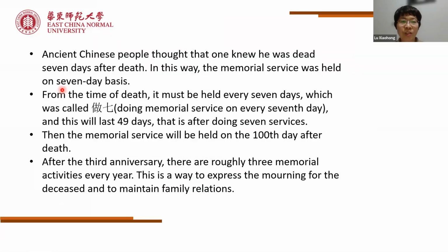Now, ancient Chinese people thought that one knew he was dead 7 days after death. So in this way, the memorial service was held on a 7-day basis. From the time of death, it must be held every 7 days, which was called 做七 in Chinese, or doing memorial service on every 7th day.